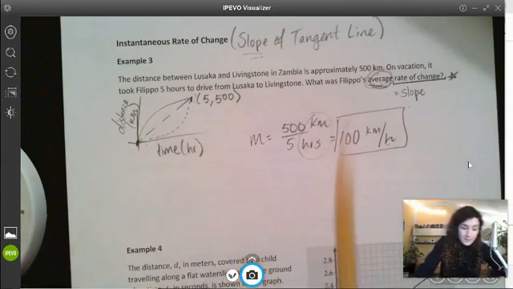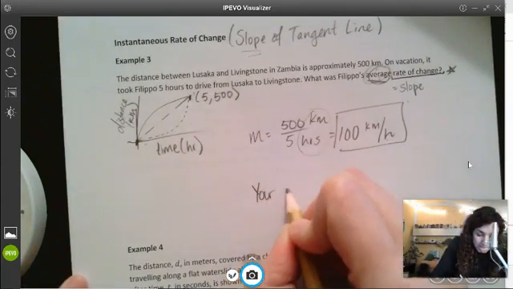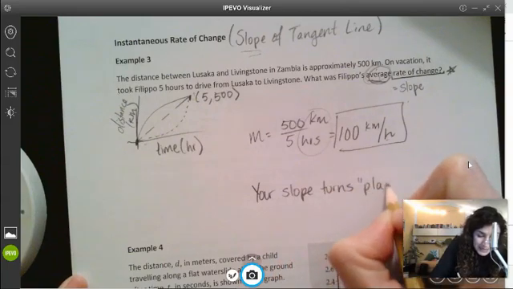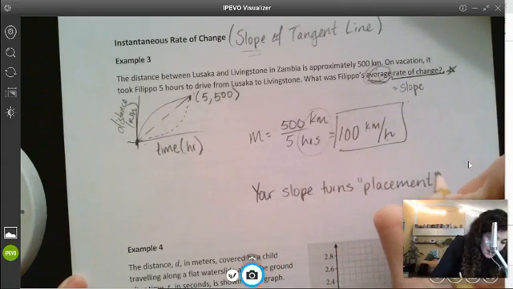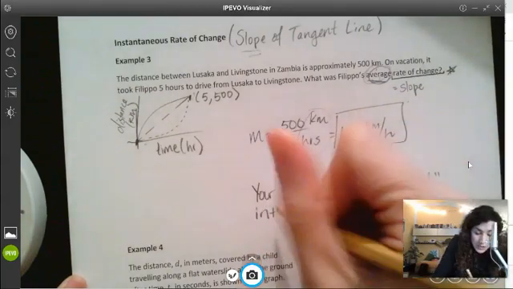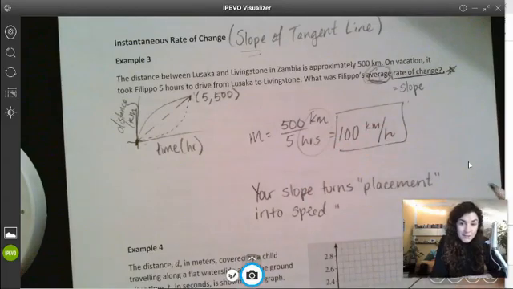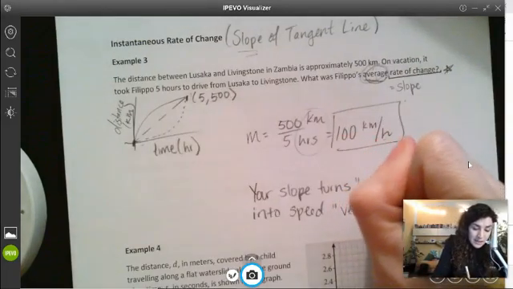Your slope turns this idea of placement into speed, or as they like to call it in physics, velocity.